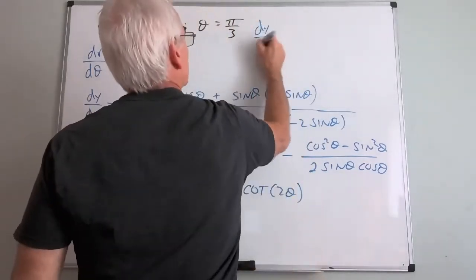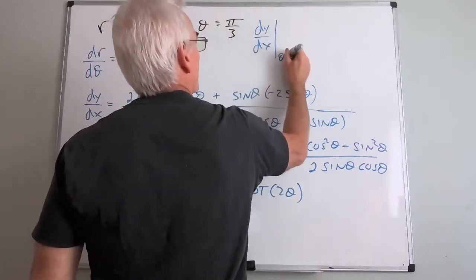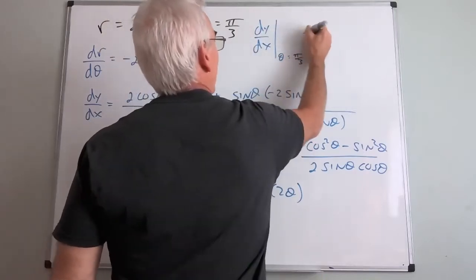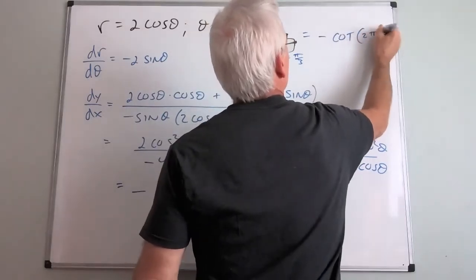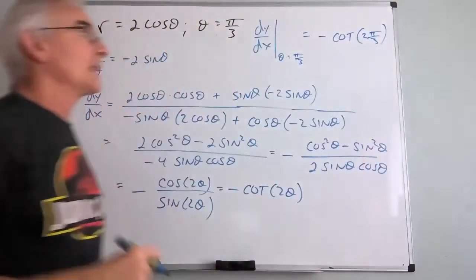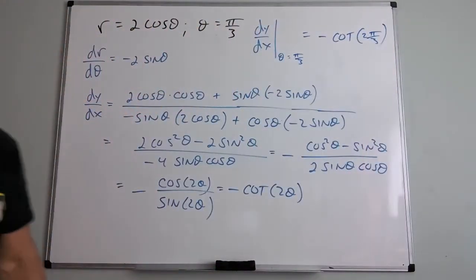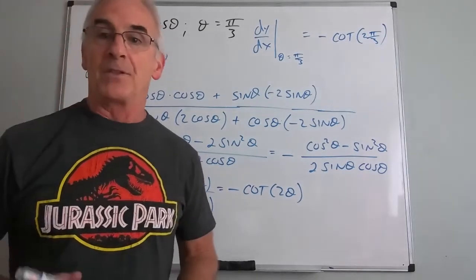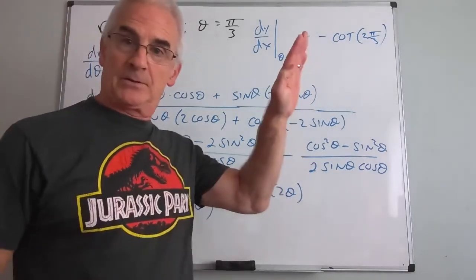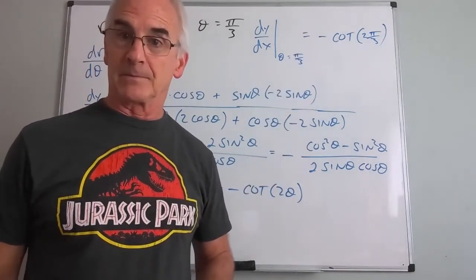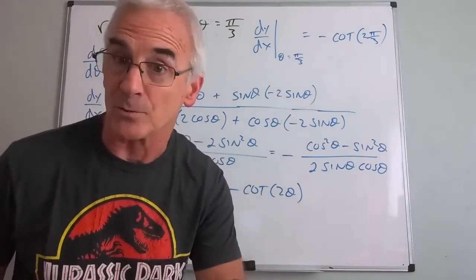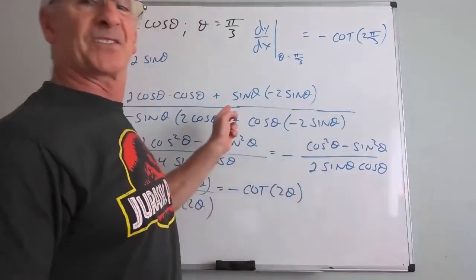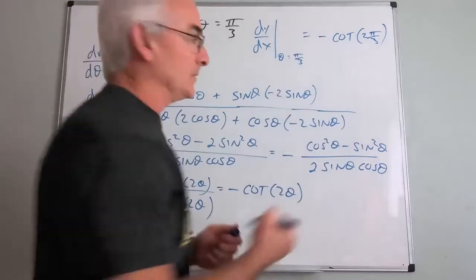I want dy dx evaluated when theta is pi over 3, and that would be negative cotan 2 pi over 3. Now, if it helps you, think of it in terms of tangent. The tangent of a 60-degree angle is just root 3. So the cotangent of a 60-degree angle is the reciprocal of that, root 3 over 3. This is in the second quadrant, so it's going to be negative.